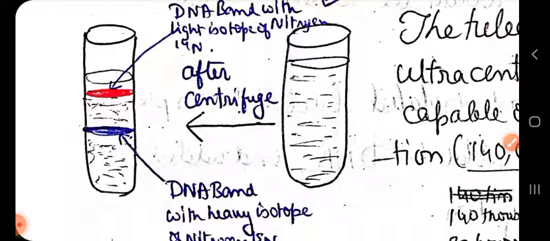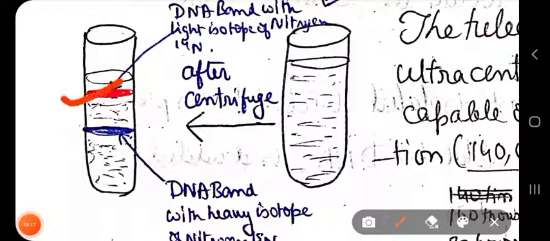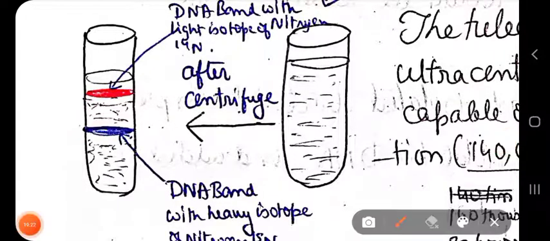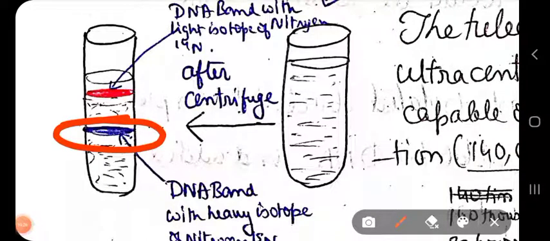So you can see the N14 and N15 DNA located at suitable positions within the tube after centrifugation. Obviously the heavy one is heavier than the DNA band labeled with the light isotope of nitrogen, so that one settles upward.